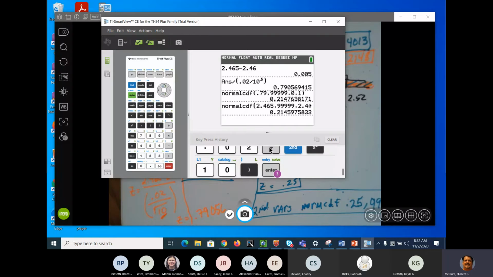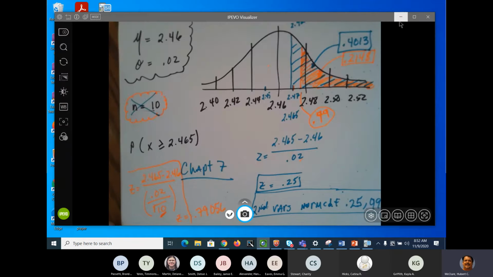Yep. Now ours is a little bit off, but that's because of rounding. This is 0.2148 and this is 0.2146. And they make adjustments for that in the answers, in the solutions. Okay. So let's see what they got with the handy dandy.